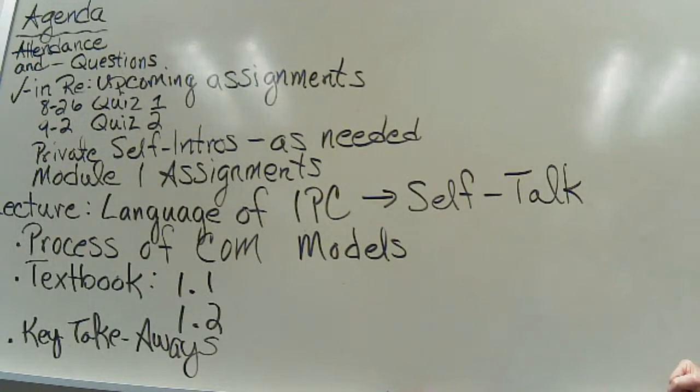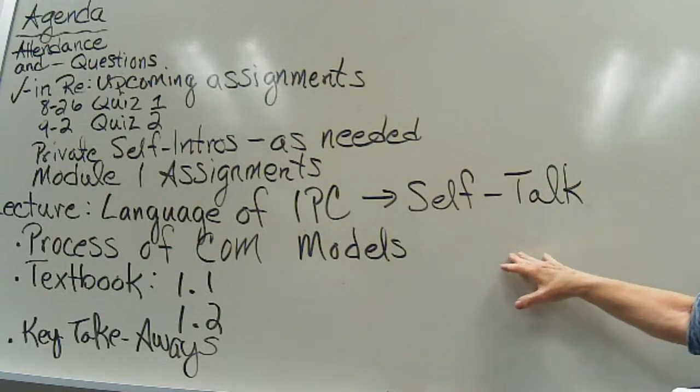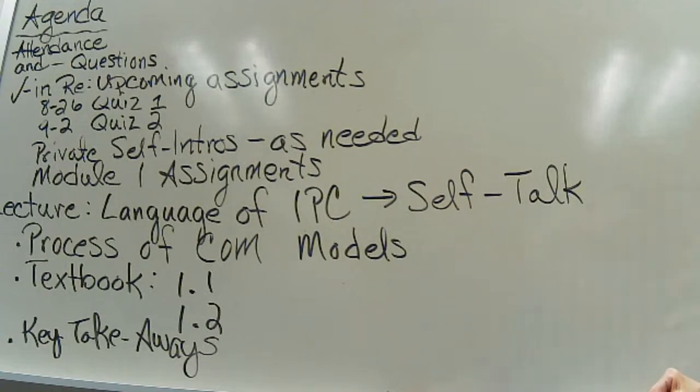All right, so we're going to do that by talking about first what is self-talk, and then moving into looking at IPC specifically. Then we're going to learn 3 different communication models that are utilized to explain what are known as the processes of communications.